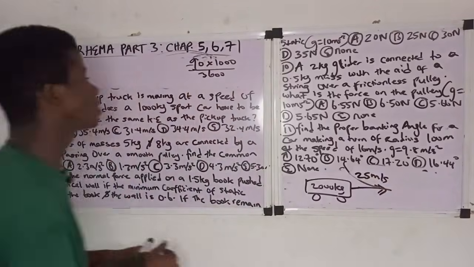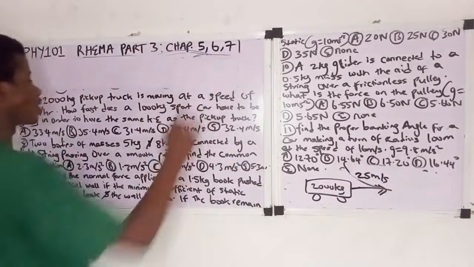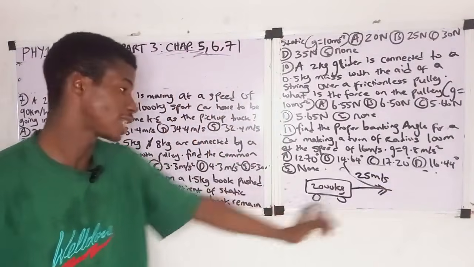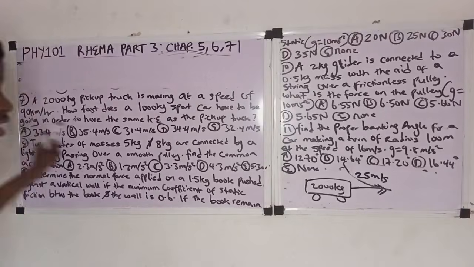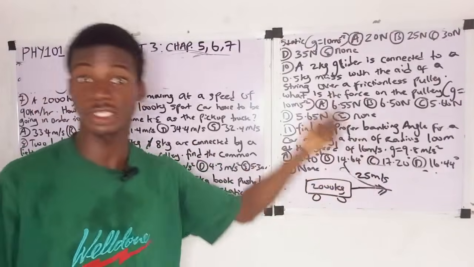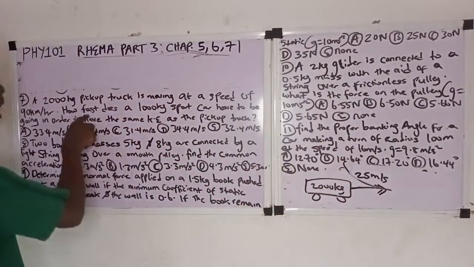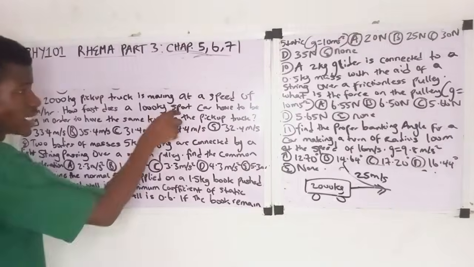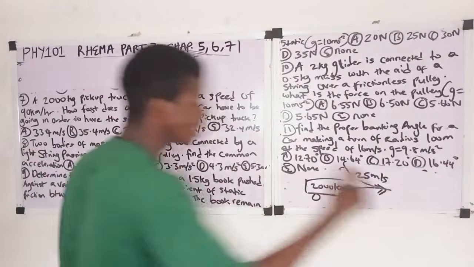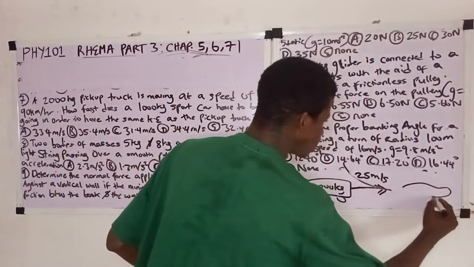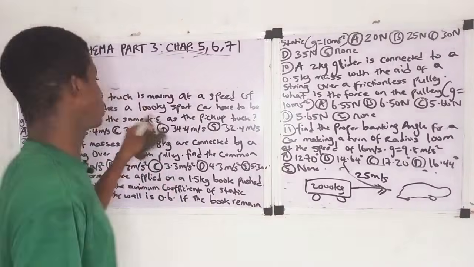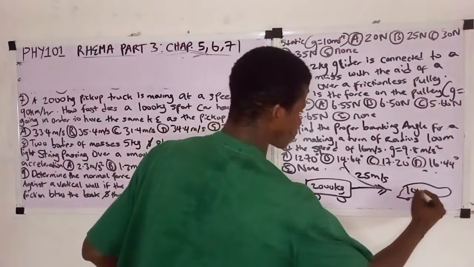Now this is not the whole question. Let's continue. The mass of the pickup truck is 2,000 kg, and the velocity, converted from kilometer per hour to meter per second, is 25. Now they said, how fast does the 1,000 kg sport car have to be going? So now this is a sport car with a mass of 1,000 kg.